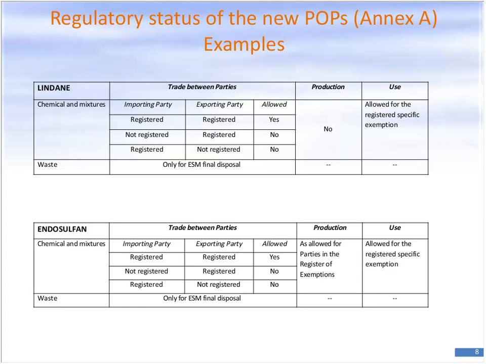The situation for endosulfan is similar as for lindane with respect to export and import, but for endosulfan now, as there are many exemptions for use for certain complexes of crops, the production is still allowed.